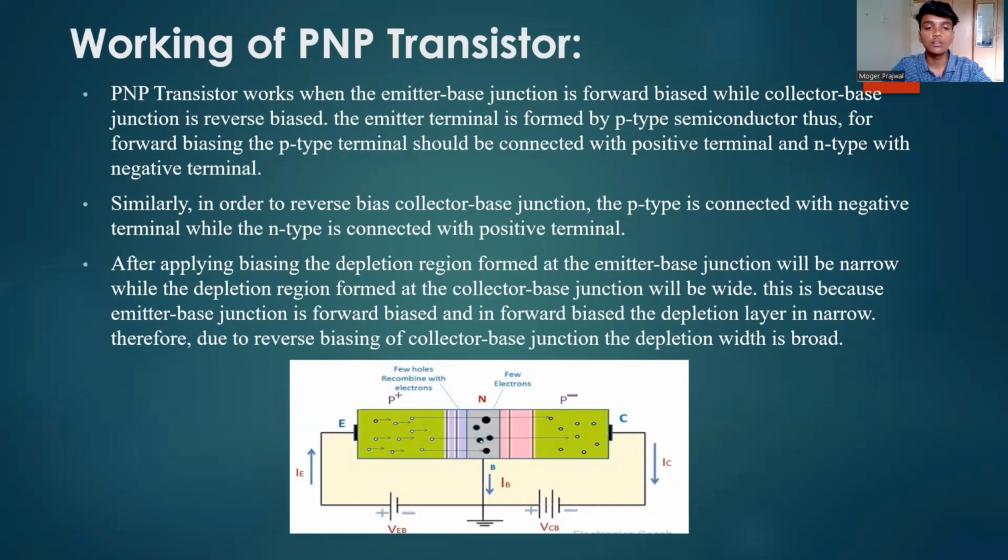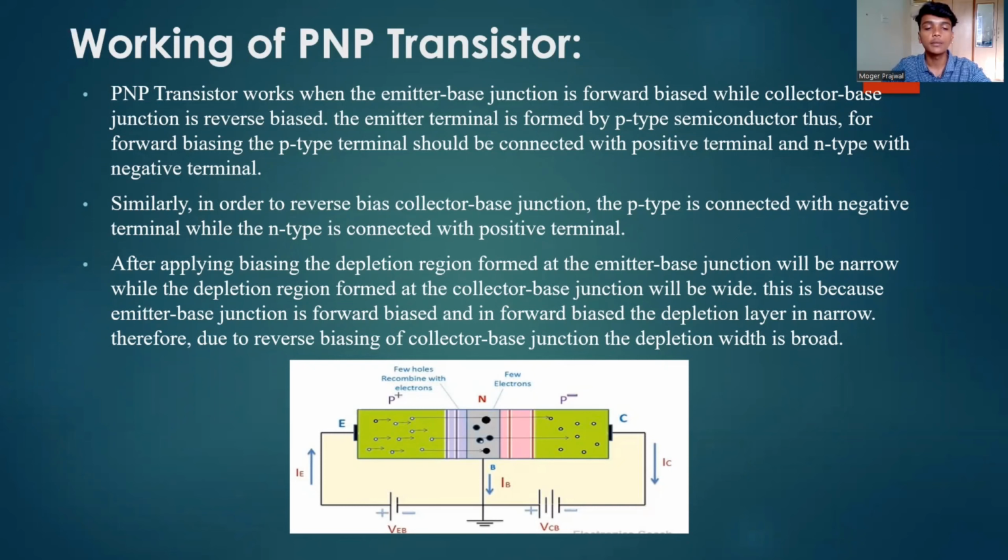Similarly, in order to reverse bias collector base junction, the p-type is connected with negative terminal, while the n-type is connected with positive terminal. After applying bias, the depletion region formed at the emitter base junction will be narrow, while the depletion region formed at the collector base junction will be wide.